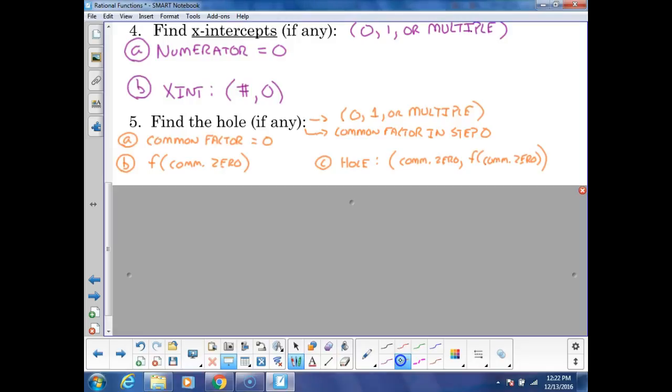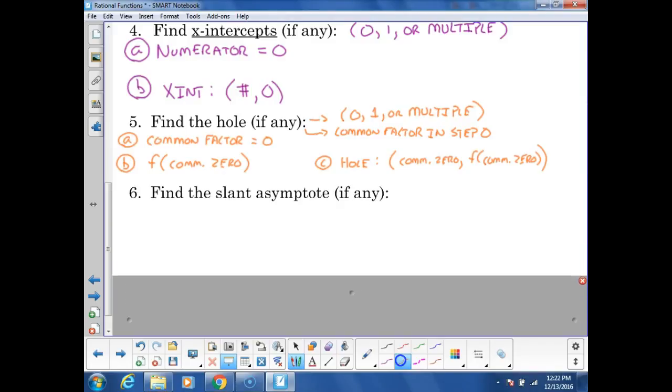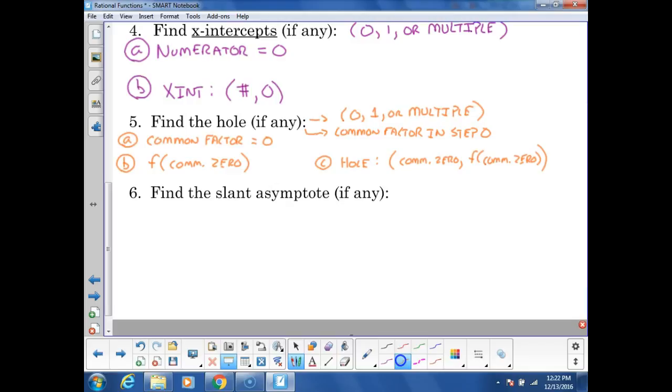Find slant asymptote. So this is when what? Top is bigger than bottom. But there's this slant asymptote, there's no horizontal asymptote, right? Correct.